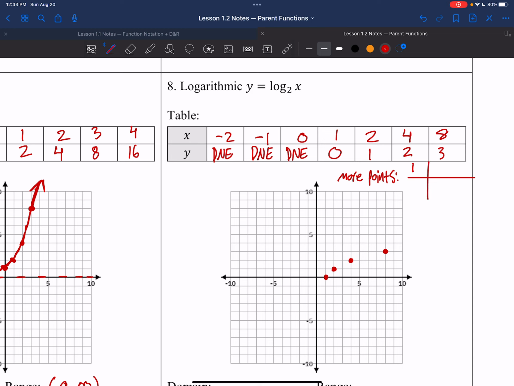If you test 1/2, you get -1. So at 1/2, it's -1. And if you test 1/4, it's -2. And it's going to look like that. And if you test 1/8, it's going to be -3. It's going to look kind of like that.